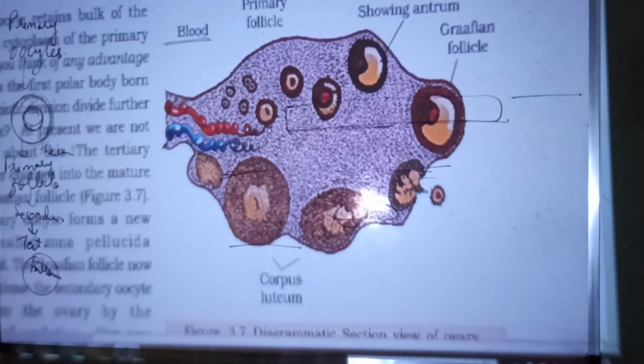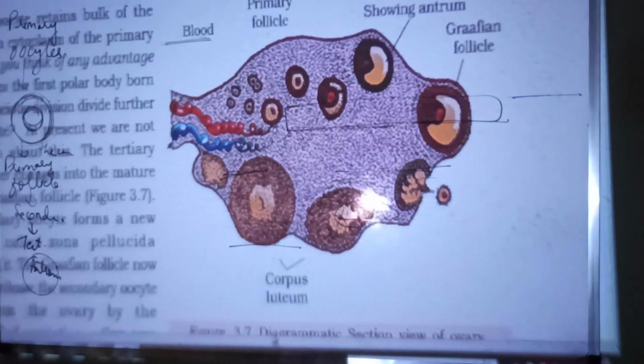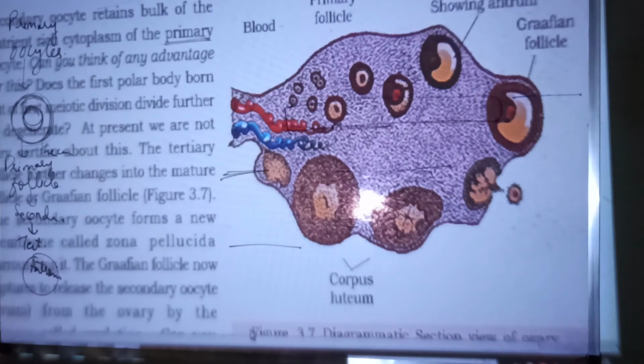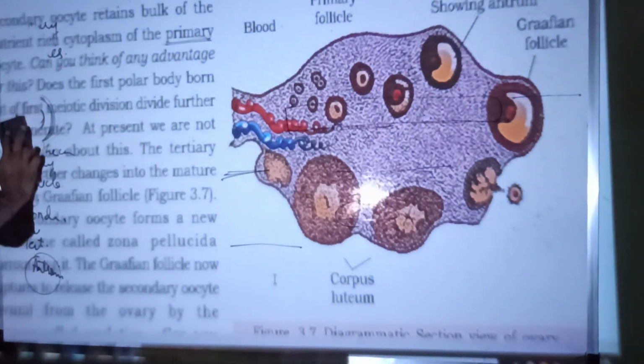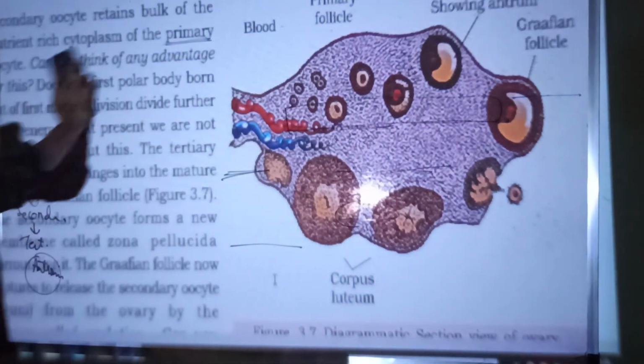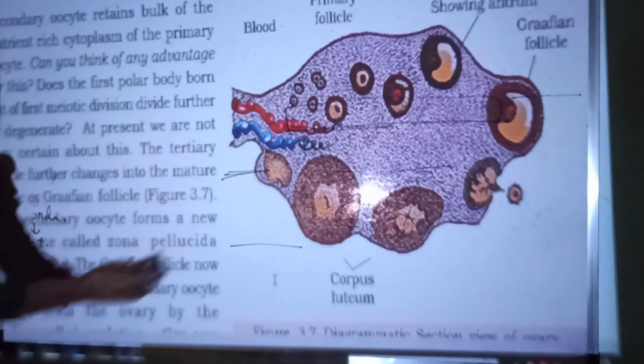This is how you can see the tertiary follicle showing the antrum, the fluid-filled cavity here. The secondary oocyte retains the bulk of the nutrient cytoplasm of the primary oocyte.